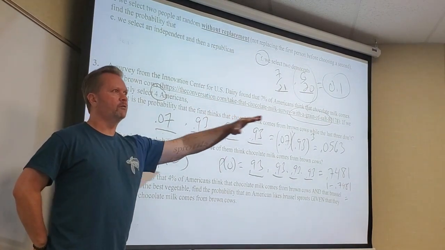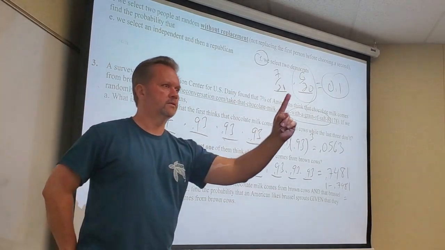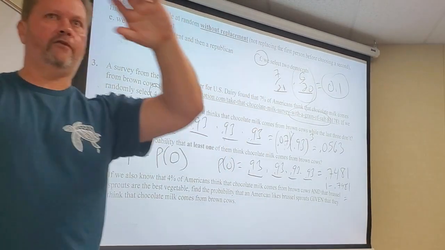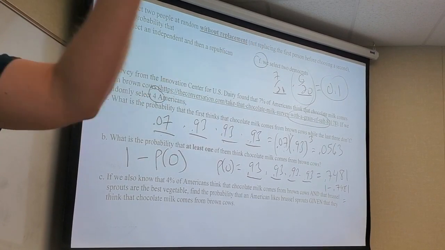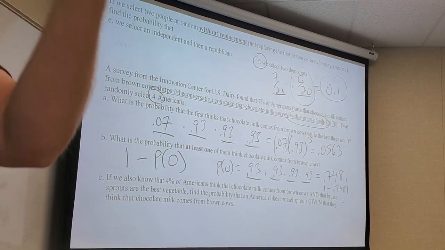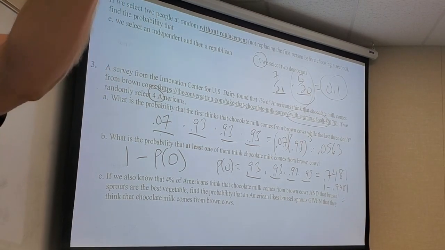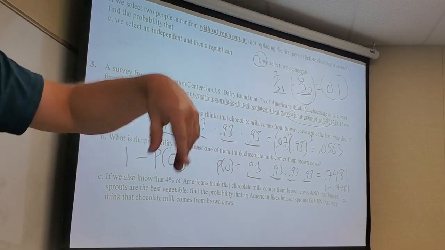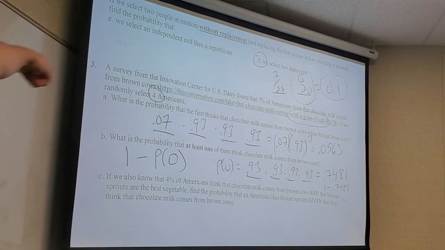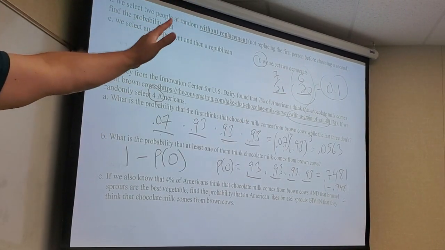So is that every way to have one person think that way? What's another way, if I have 4 people lined up? You have 4 different ways. It could be the first person or the second, or the third, or the fourth. So I'm going to do the setup for the first person, then the setup for the second person, the third, and the fourth person, and then I'll add all of that together.